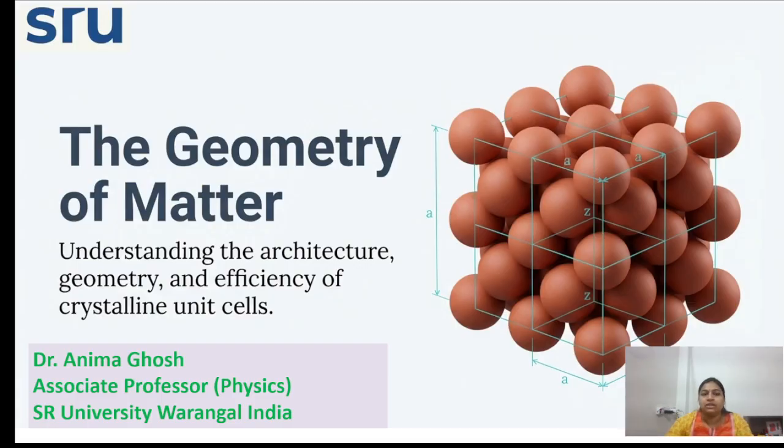It is defined as the ratio of the volume occupied by atoms in a unit cell to the total volume of the unit cell. This concept will help us compare different crystal structures and understand their properties such as density and stability.